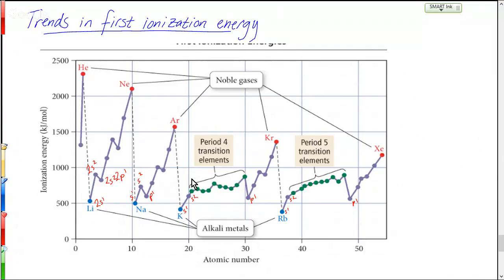Okay, so that helps us explain that first blip. How do you explain the second blip? Where is it and what's going on there? So this time, we're not going to talk through it together.